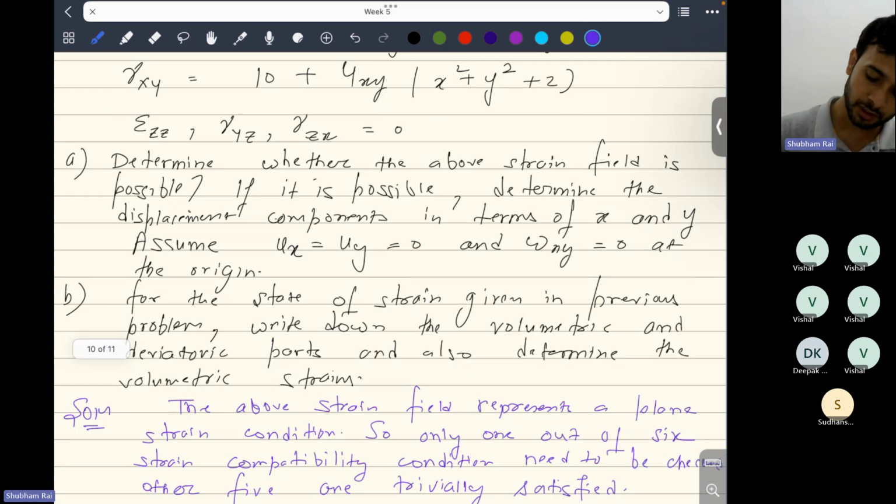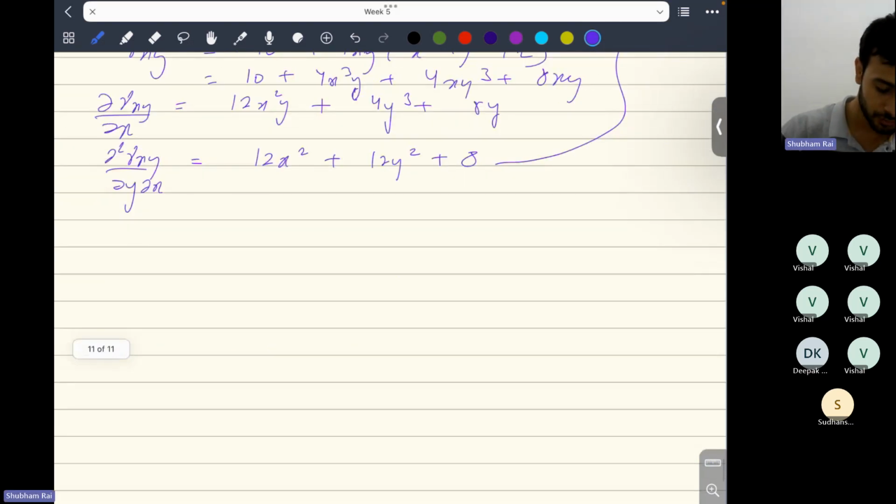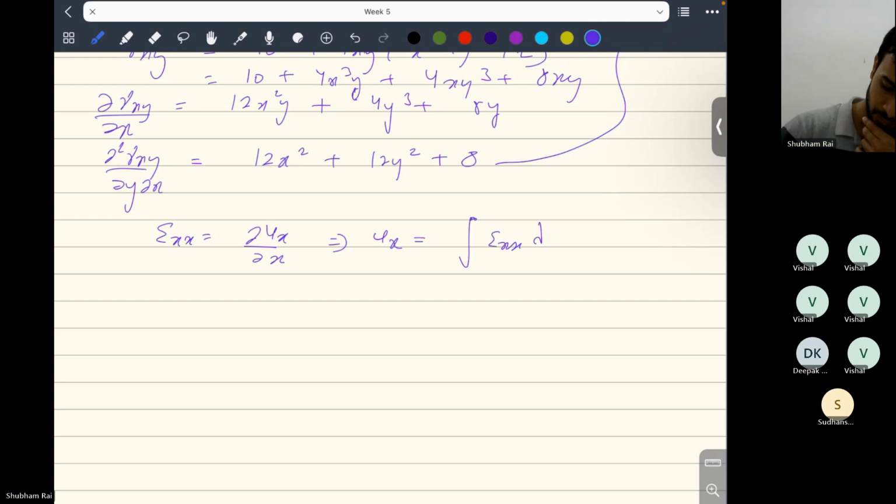If it is possible, you have to determine the displacement components in terms of x and y. So to find displacement components in terms of x and y, what will you do? εxx is given by ∂ux/∂x. So to find ux, that will be the integral of εxx with respect to dx plus some function of y, right?